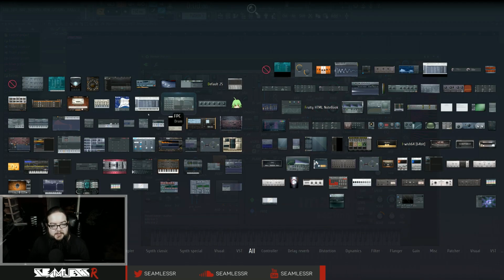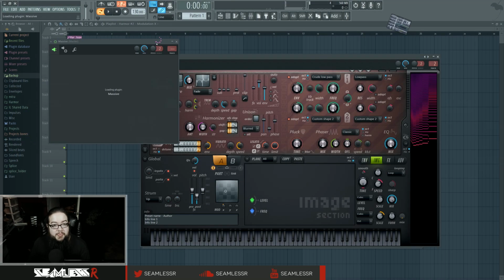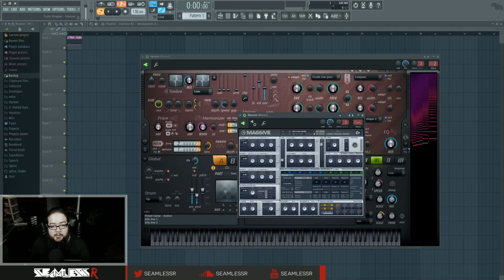So I was talking about Massive, just to show you an example of what I mean here. Massive has the frequency shifter built into it.